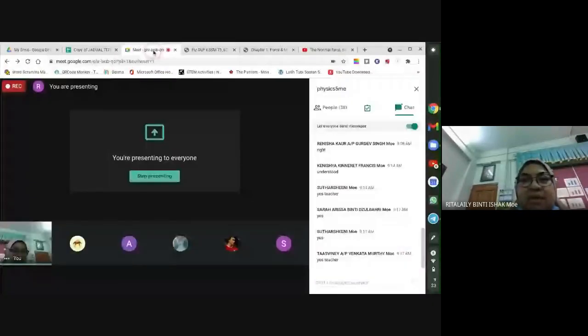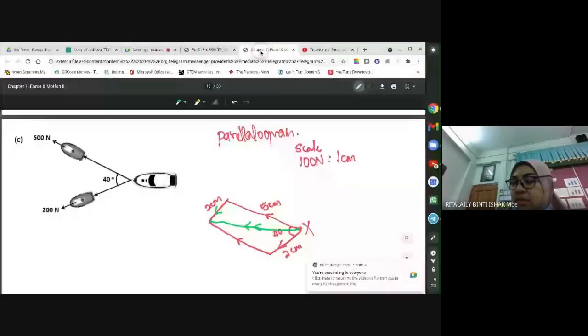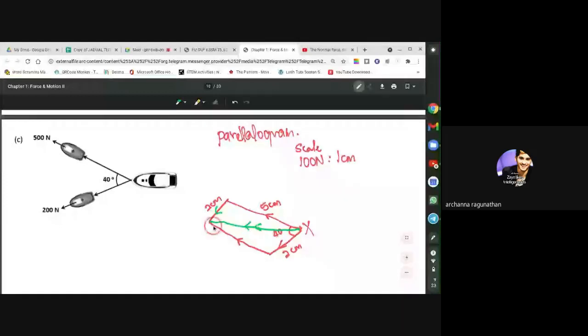Your mic is not very clear. Okay, can someone help Abi? Ashana, what should we do next after we draw the resultant force? Teacher, is it we have to find the value of the green line?